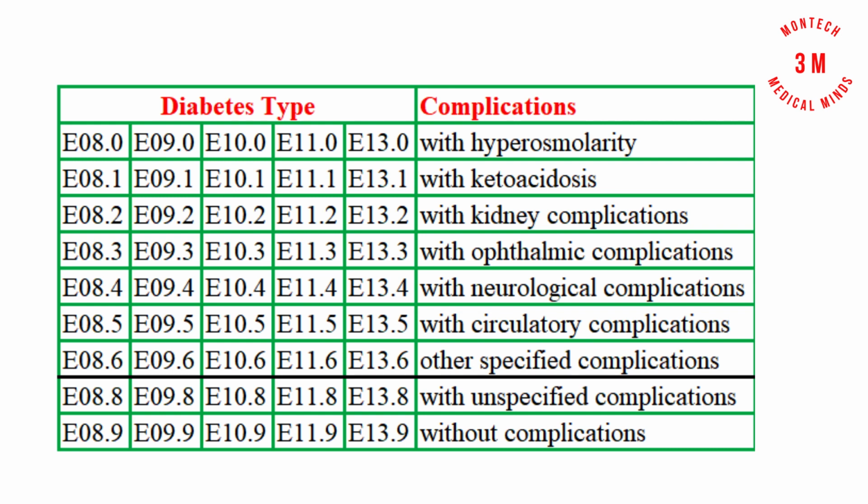Coding note: if the type of diabetes is not indicated or not documented by the physician, consider the diabetes as type 2 and assign type 2 diabetes codes.